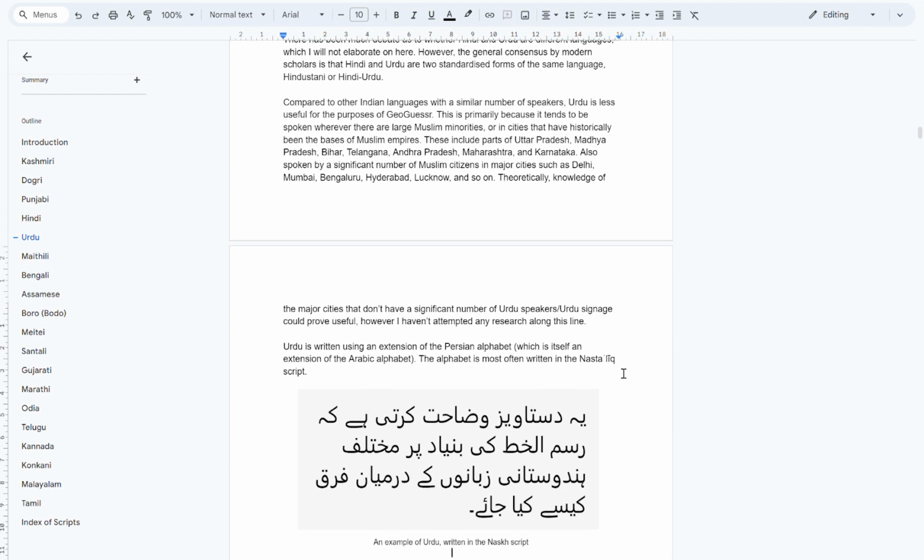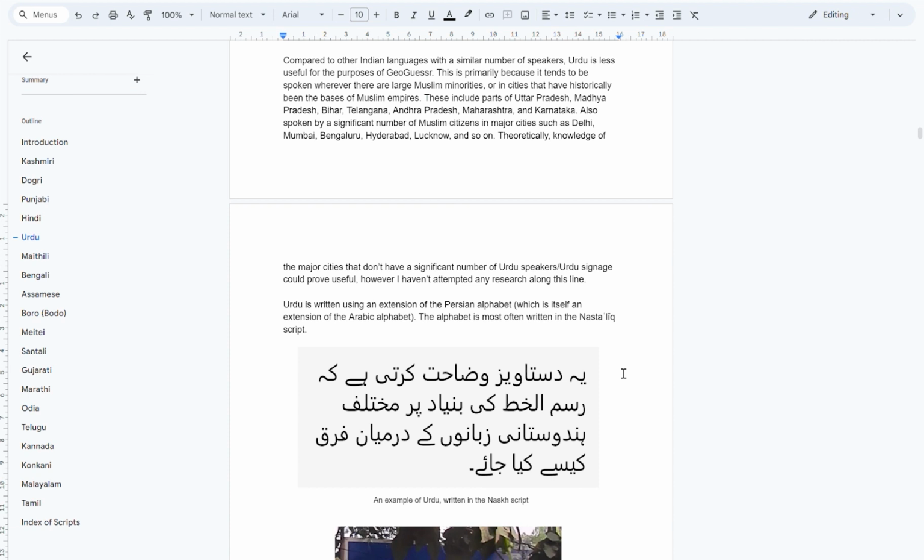Now, in terms of recognizing Urdu, Urdu is written using an extension of the Persian alphabet, which is itself an extension of the Arabic alphabet. That's why it looks like Arabic. The alphabet is most commonly written in the Nastaliq script, a form of calligraphy.